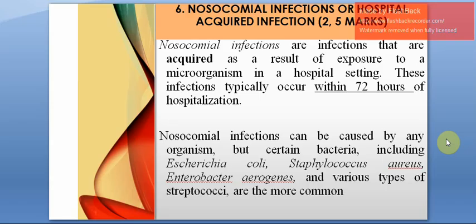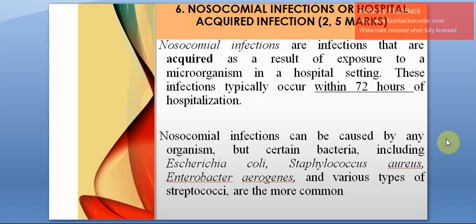Most of the time, older adults who are admitted in the hospital are more susceptible to nosocomial infection, mainly because their immunity is low, or because they have chronic illness, or because of the aging process. Their normal defense mechanisms, especially skin, mucosa and normal peristaltic movement, are not there. All this in turn can result in nosocomial infection.